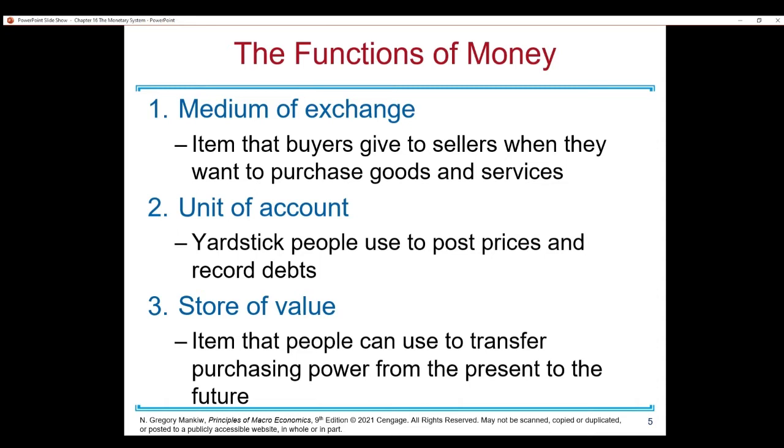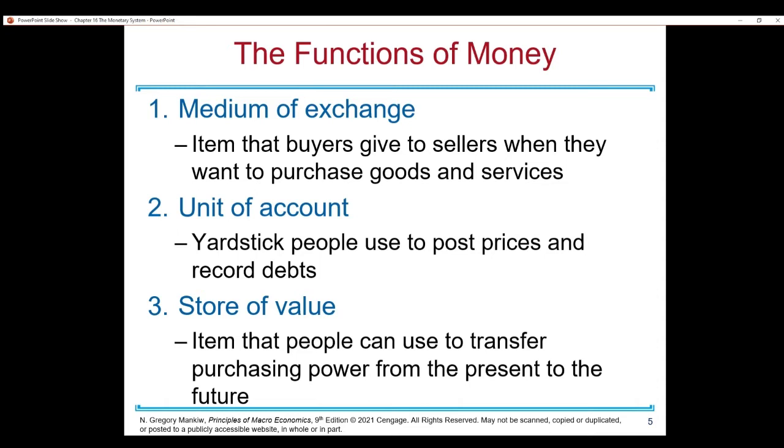That's why debts and things aren't going to be recorded in goods and services. They're going to be recorded through our currency or our money, where they're going to say a hamburger costs $5 and a shirt costs $50, and we understand what the relative price or the relative worth or value is of those things.